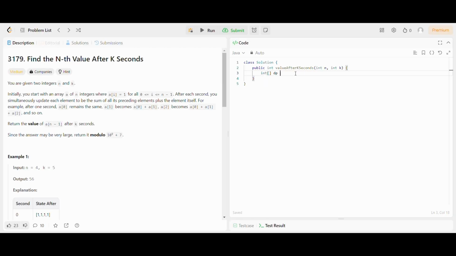First I will declare a DP array of size n, then I will fill the DP array with values 1, and I will declare a mod variable. So I will run a for loop from first second till kth second.